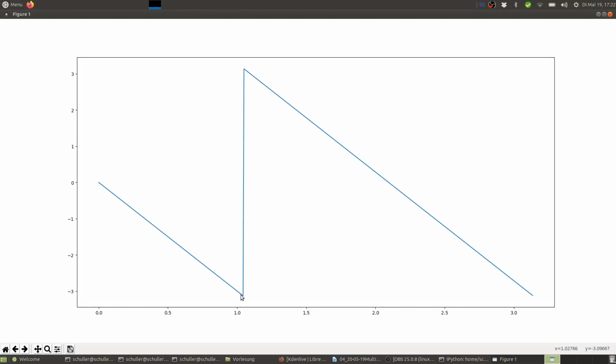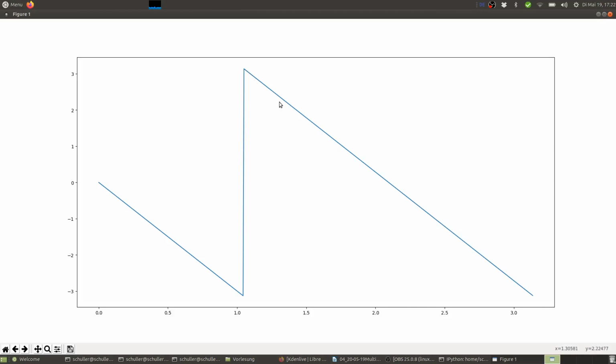And then shortly after, at precisely pi, 3.14, it jumps. That's because of the 2 pi periodicity of angles, right? An angle of minus pi is the same as an angle of plus pi. And that's why it jumps. It wraps around. So instead of going further down at minus pi, it jumps up to plus pi.